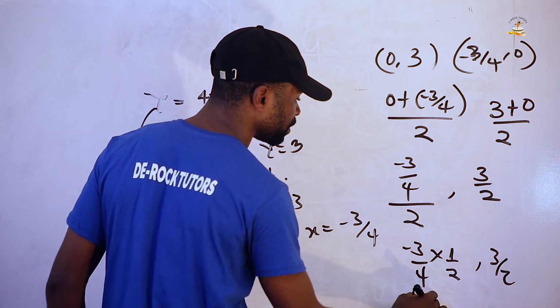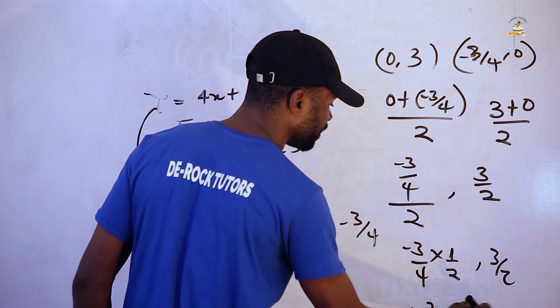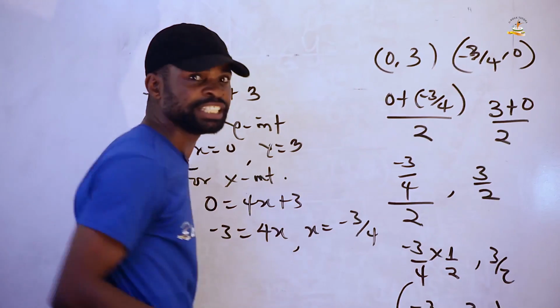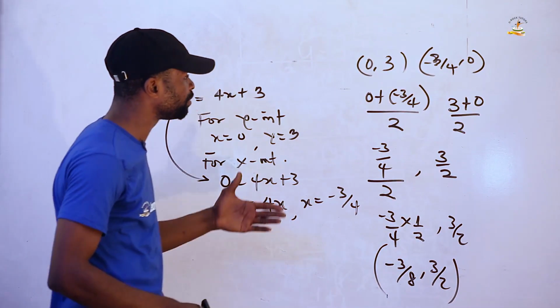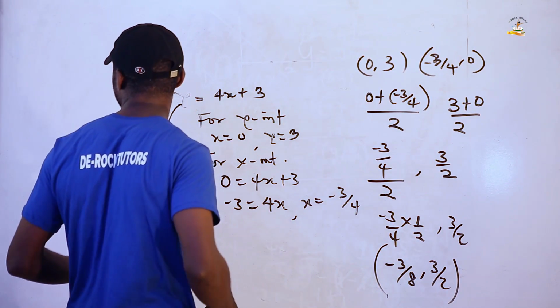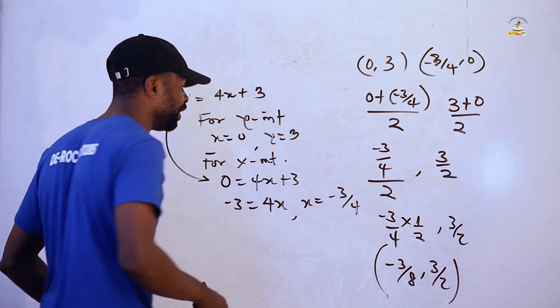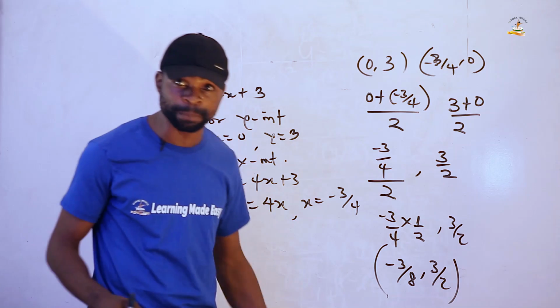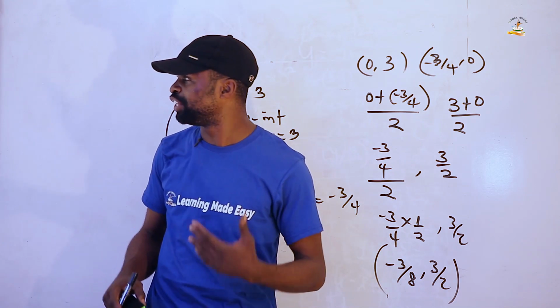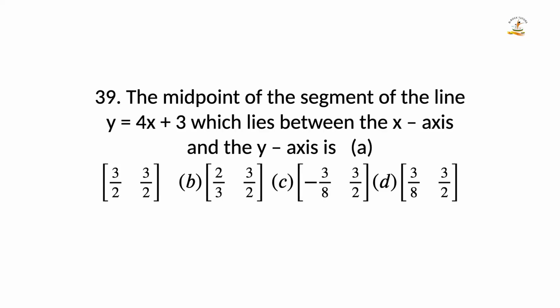This is minus 3 over 8, 3 over 2. Therefore, the midpoint of this line segment is (minus 3 over 8, 3 over 2). And if you check the options, you will see that the correct option here is C, because it is minus 3 over 8 and 3 over 2.